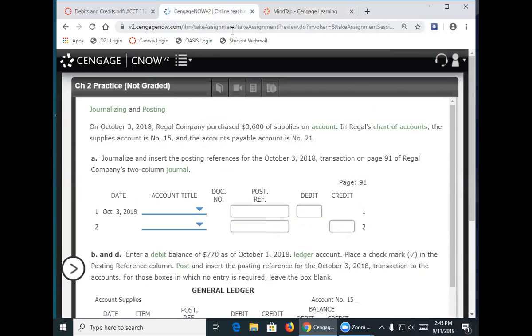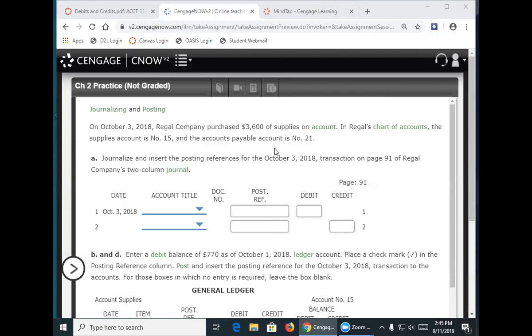So this next little exercise is important because it's showing you just that. It wants us to do a journal entry and then post it to the ledger accounts. That's all we're doing. Okay. So it says on October 3rd, we purchased $3,600 of supplies on account. What two accounts would be affected there? Very good. Supplies and then accounts payable, right? Is supplies increasing or decreasing?